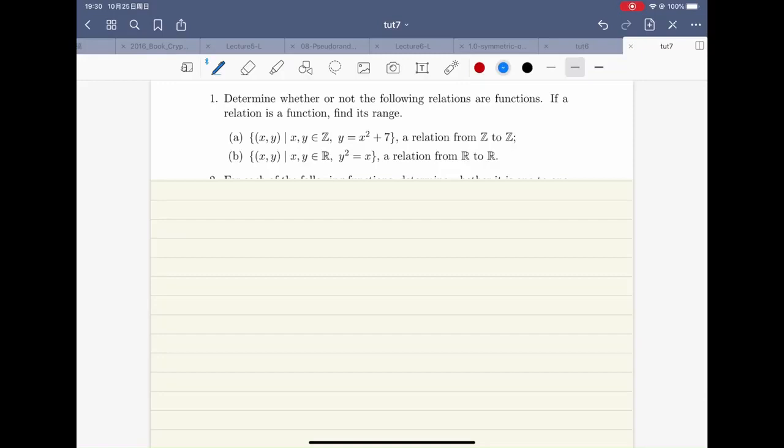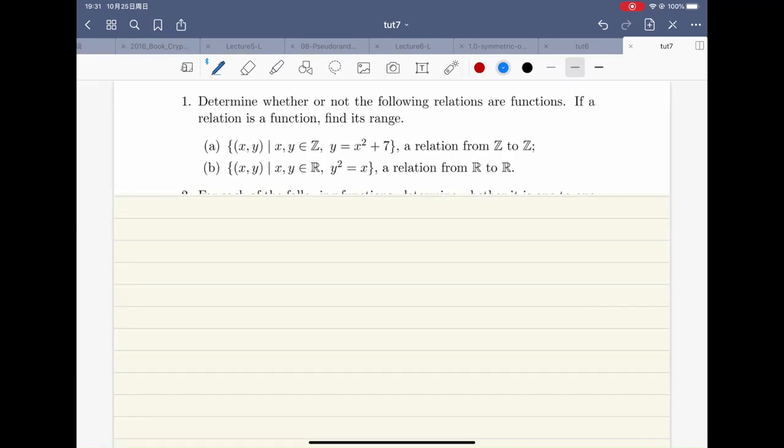When you are asked to determine if a relation is a function, you have to know the definition of function. By the definition of function, each input has a single output. So for each x belonging to the integers, there is a unique y belonging to the integers such that y equals x squared plus 7, right? So this relation should be a function.